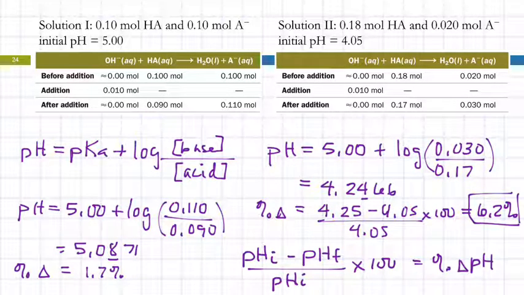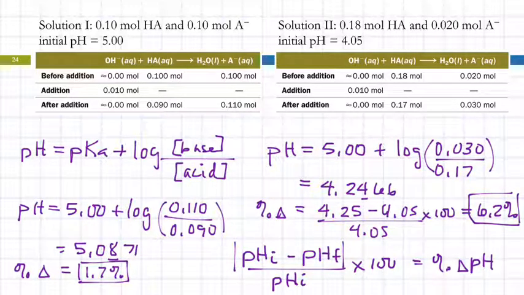So 6.2% versus 1.7%. If it's initial, wouldn't it be 4.05 minus 4.25? Absolute value. Okay. So this buffer is not as effective. Adding the same amount of base, the pH changes significantly more for solution 2.